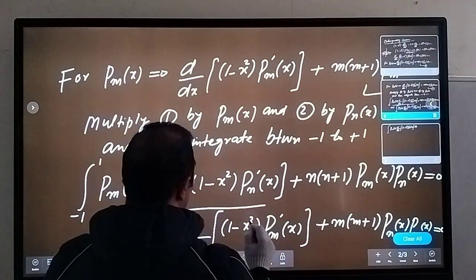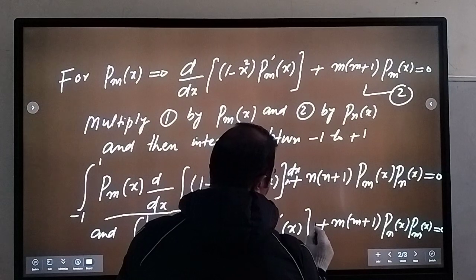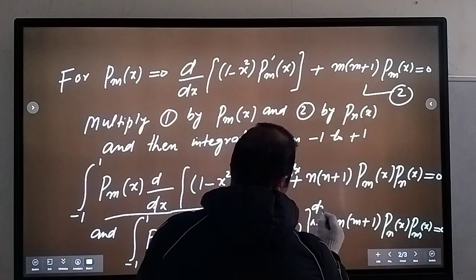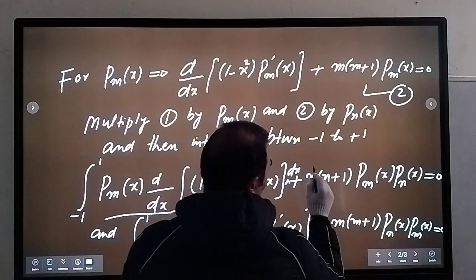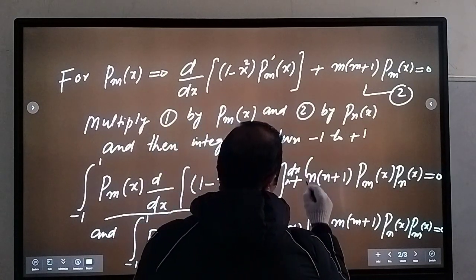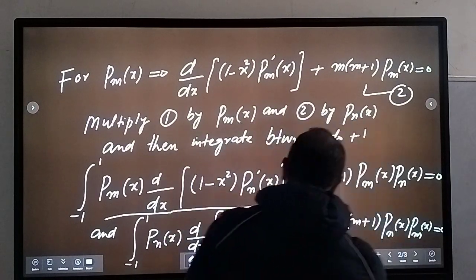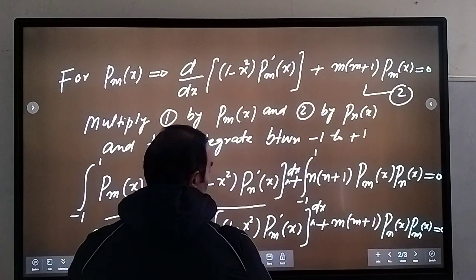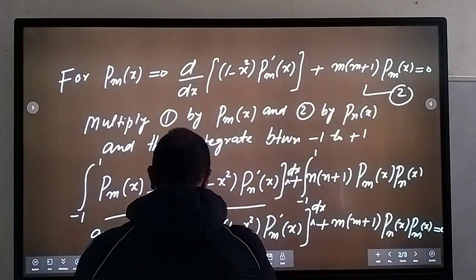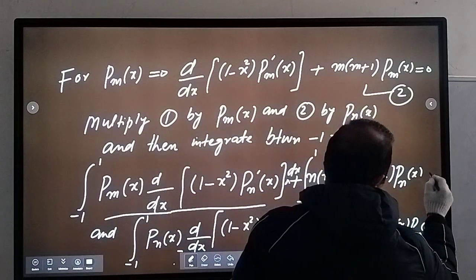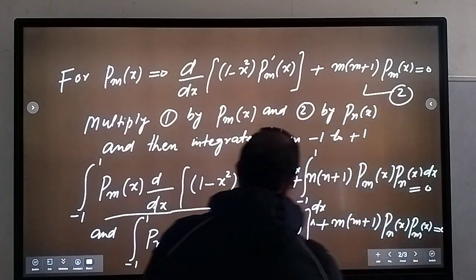Sorry, I forgot one thing here. Because we can have here d of x. So sorry, this will be d of x, right? And similarly for this one, we can have plus one. Okay, so you write this way, equal to 0.